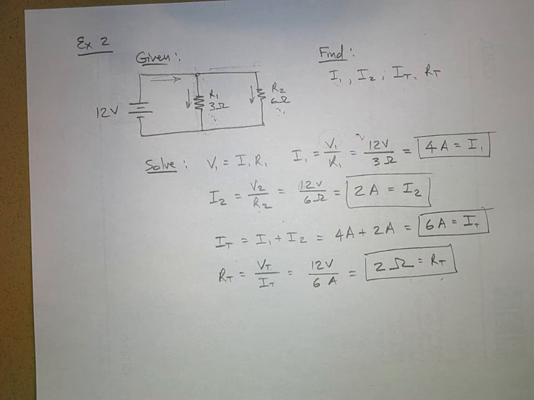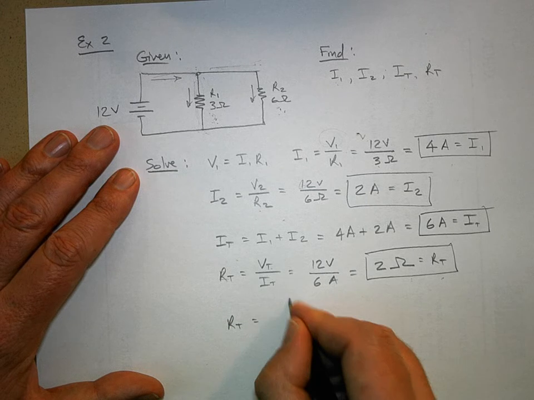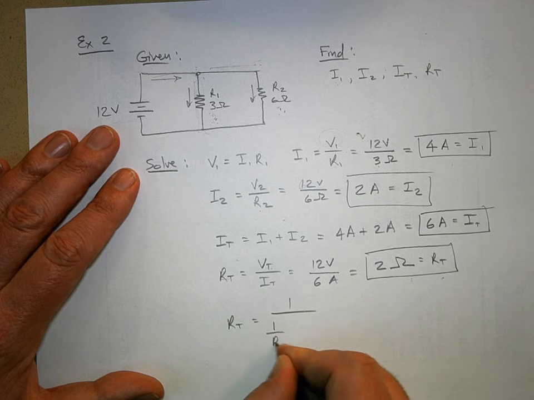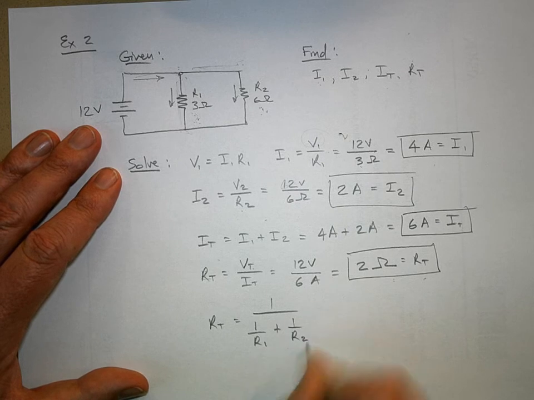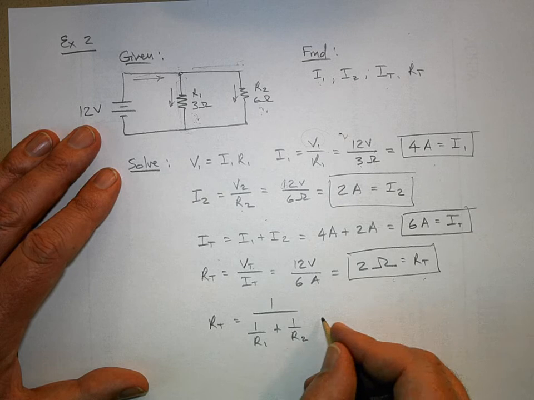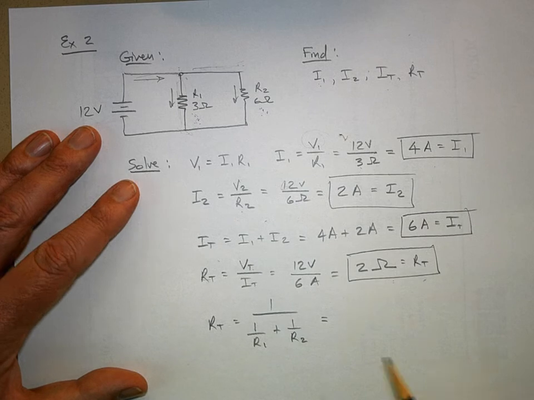Now we can also do this: 1 over R1 plus 1 over R2. That's our equation for resistors in parallel. Both of those work for total resistance, and you'll see that we're going to get the same answer. Watch. 1 over R1.